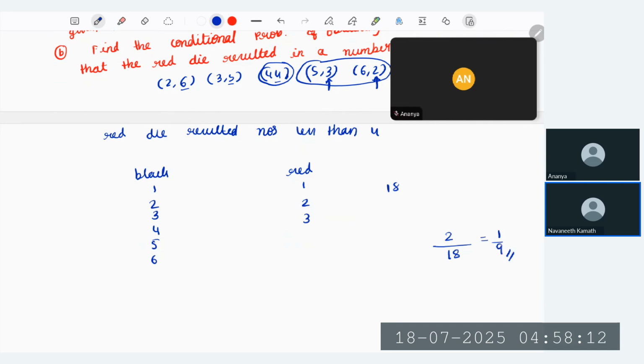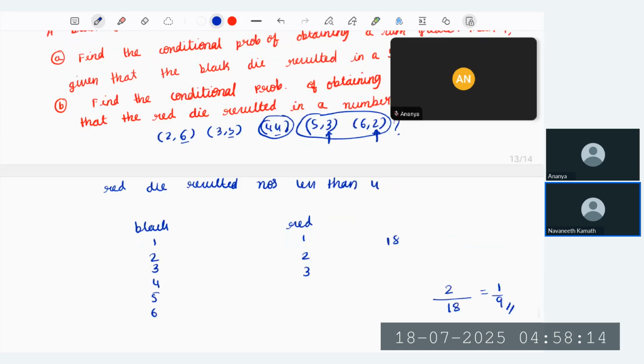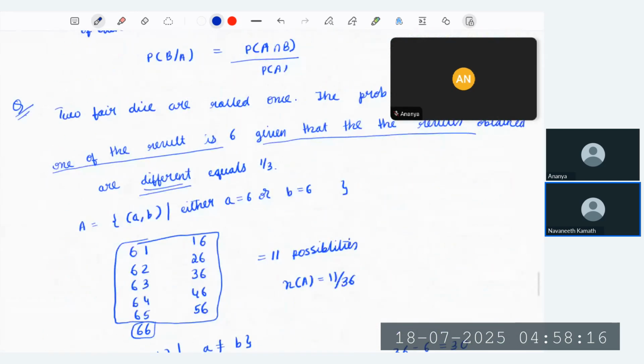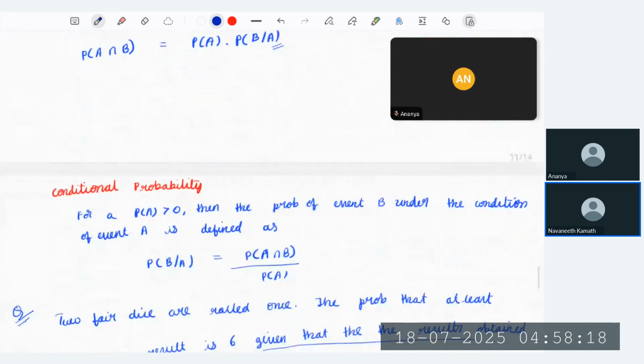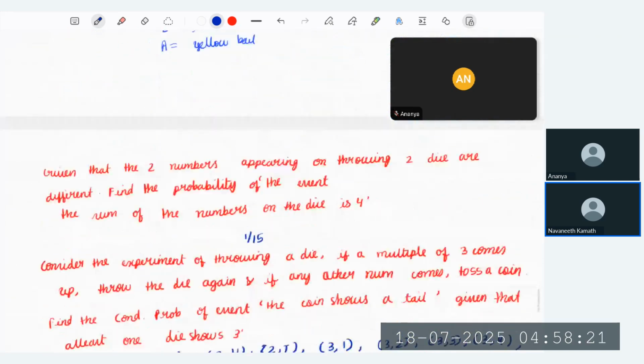Okay, so let's continue with the discussion. What we did in the last class was conditional probability, right? That's what we did last.